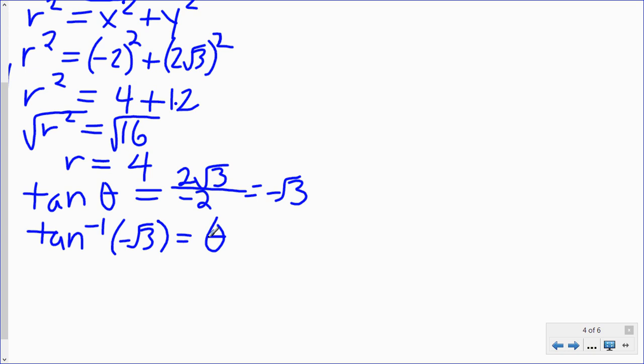Okay, tangent would be negative square root of 3 at 2 pi over 3, which is in quadrant 2. Okay, so our polar coordinates here are 4, comma 2 pi over 3.